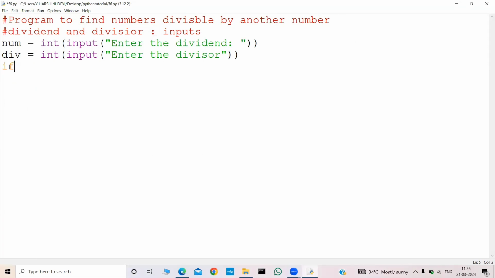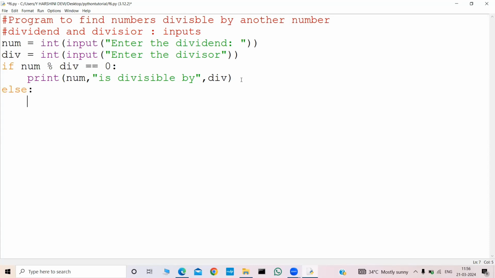So we will use an if clause. If num mod div is equal to 0. In programming, we use double equal to for comparison and single equal to for assignment, right? Then we can print num is divisible by div, right?